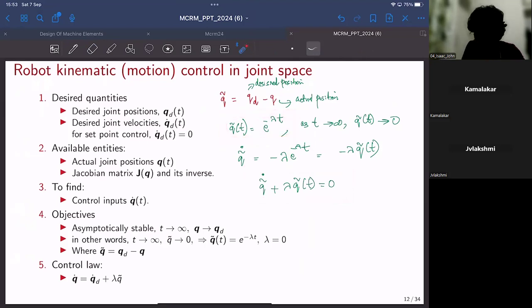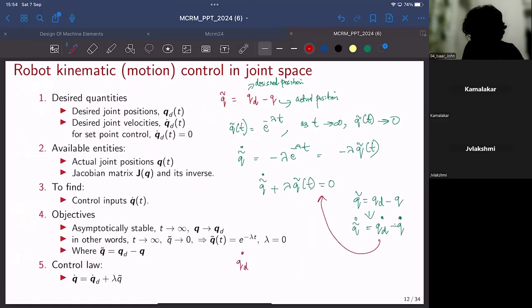So instead of this Q tilde dot, Q tilde is nothing but Q desired minus Q. So if I take the derivative of this, Q tilde dot would be Q desired dot minus Q dot. So if I substitute this onto this equation, you will get Q desired dot minus Q dot plus lambda Q tilde of t should be 0.